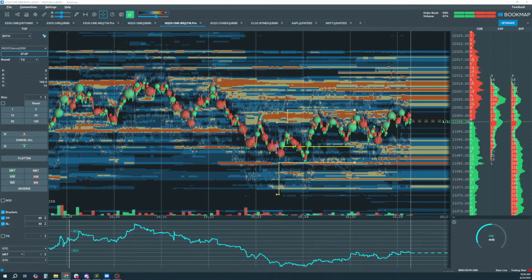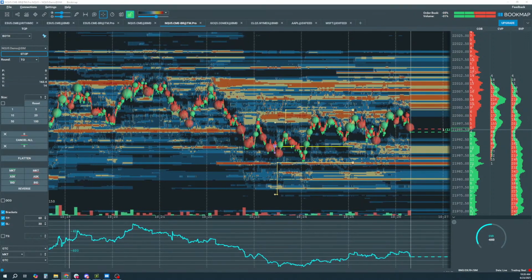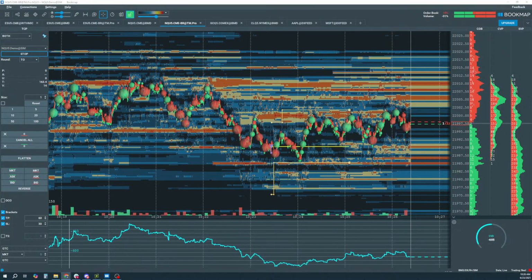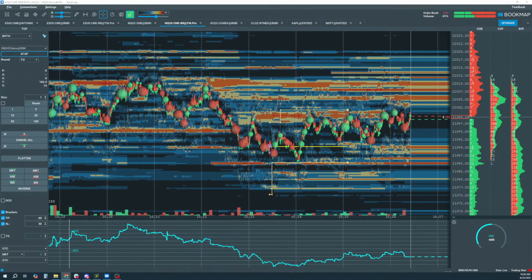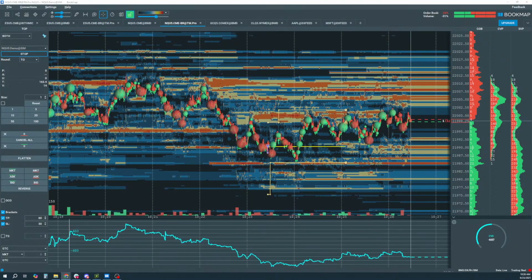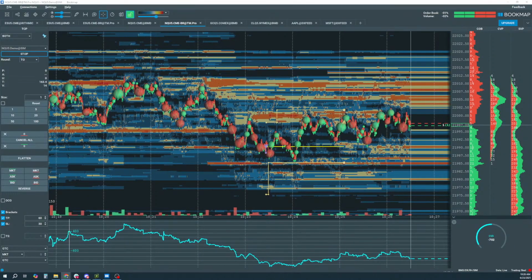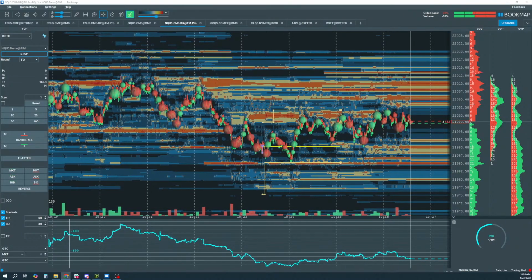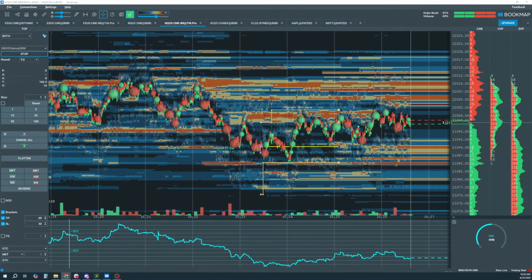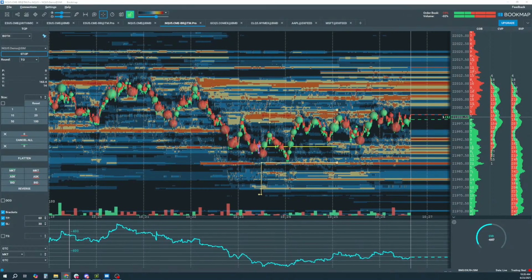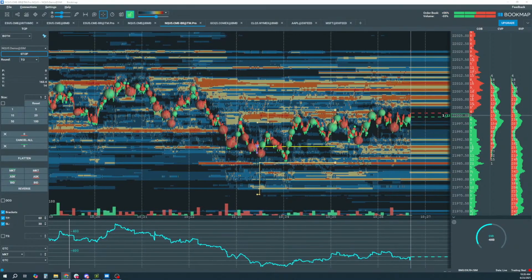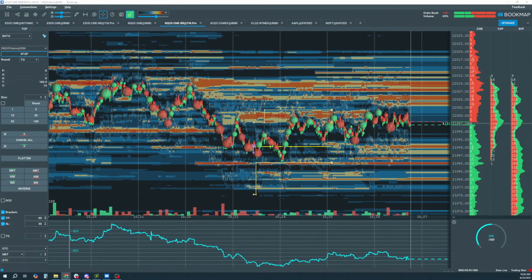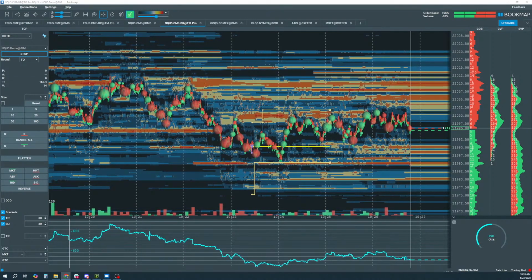Let's see. So 10 o'clock today and tomorrow, or is it tomorrow as well? No, it's tomorrow and Wednesday too. Yeah. Okay. We've got Powell testifying to Congress, and on Thursday we have a final GDP, so the quarter over quarter, and then on Friday we have the core PCE.